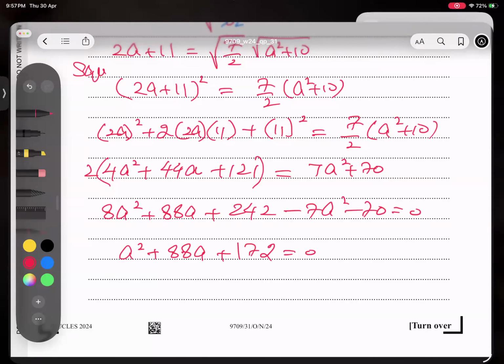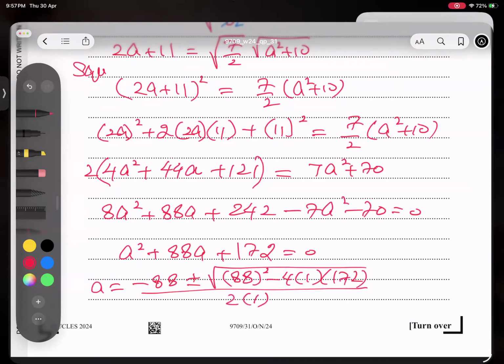So I think up till here, students, the idea is very clear, and we got this equation. Now, students, onwards, common sense, we can apply only the quadratic formula and get the answer. So I'm doing it in quick time: negative b plus and minus the root of b squared minus 4ac, where a is 1, c is 172, over 2a.